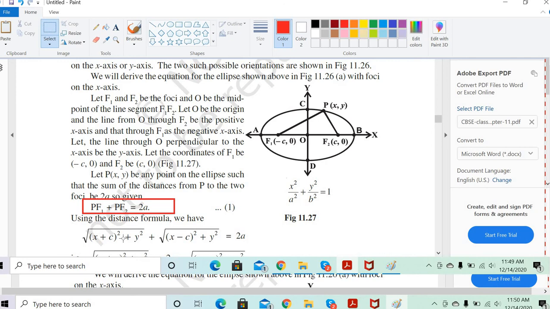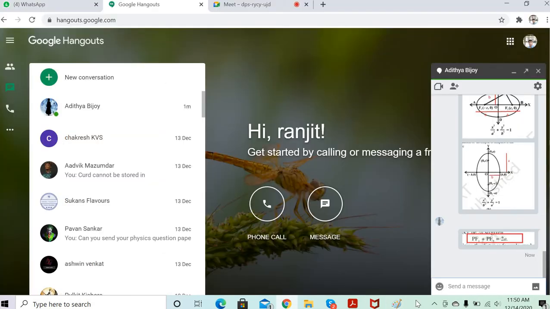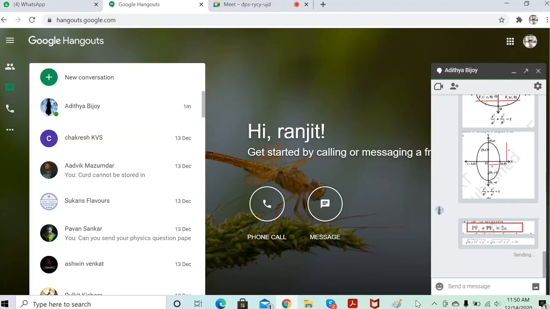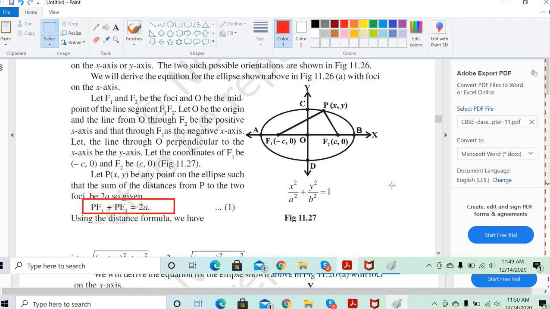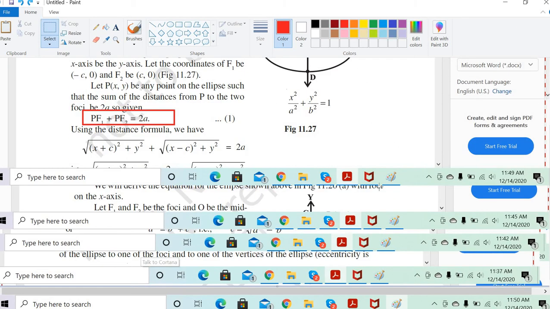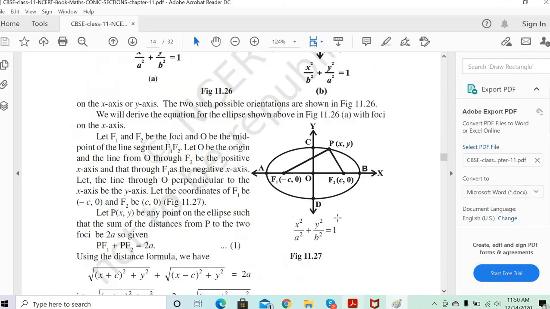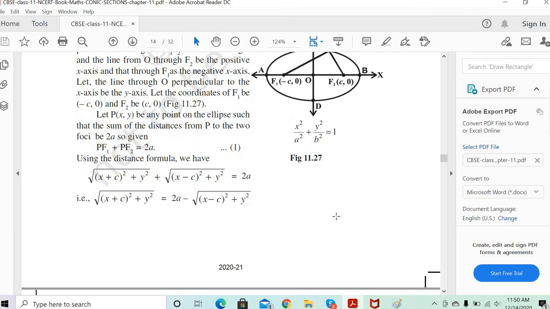Now equate it to 2a. Also PF2. Now transpose the square root of x minus c whole square plus y square to the other side, and then we'll square both sides, isn't it?